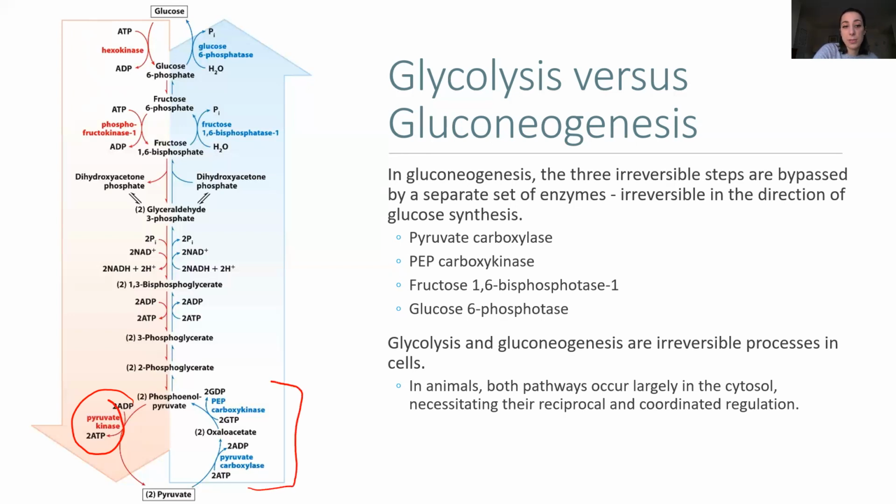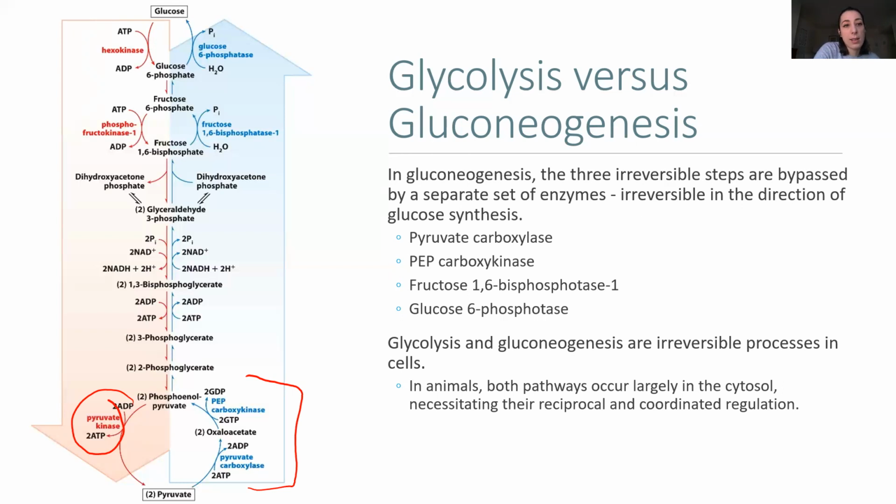So this is one of the first major differences in gluconeogenesis, that you're doing this two-step process, and you can see that we instead use the enzymes pyruvate carboxylase and PEP, or phosphoenolpyruvate, PEP carboxykinase. So through these two steps, we reverse pyruvate kinase, and we are able to take pyruvate and make phosphoenolpyruvate.